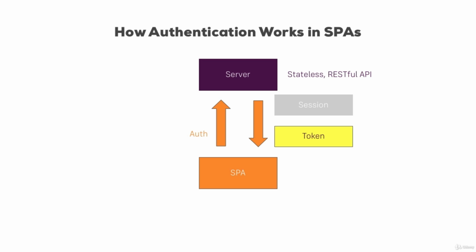The token essentially is a very long string which can be decoded to a JavaScript object with some information about the user and the validity of the token, when it expires and so on. The token also is generated in a way that the server can always verify if it was created by it, so if the token was created on the server or if you're trying to fake a token. So that is not possible.